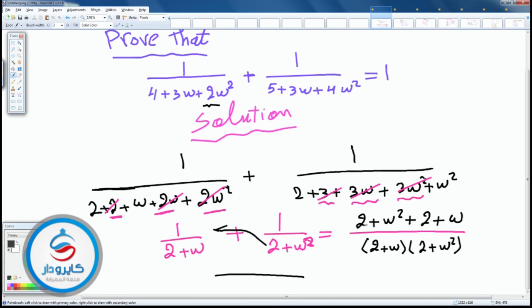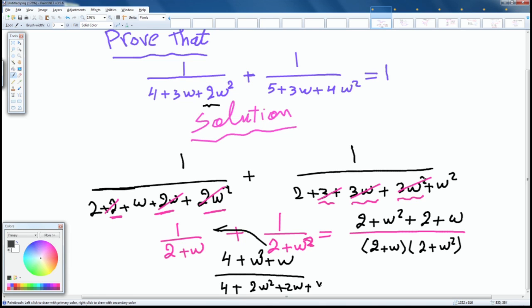Now we have to add 2 plus 2 equals 4 plus omega square plus omega, and expand here: 4 plus 2 omega square plus 2 omega plus omega power 3.